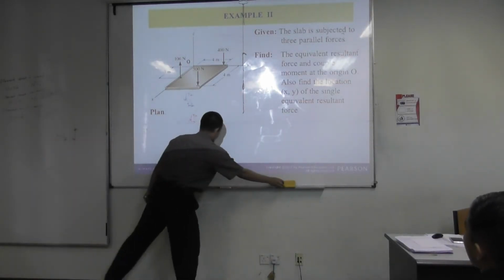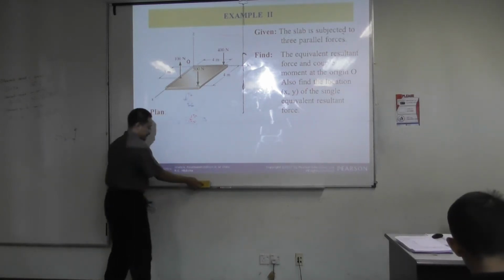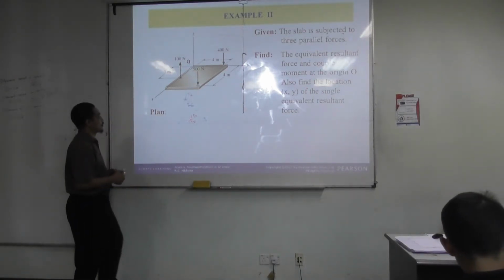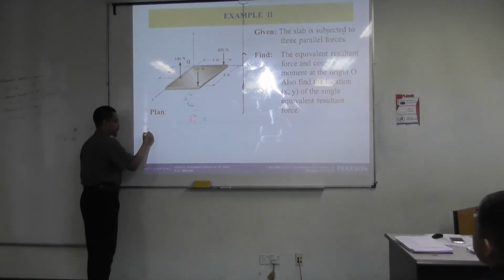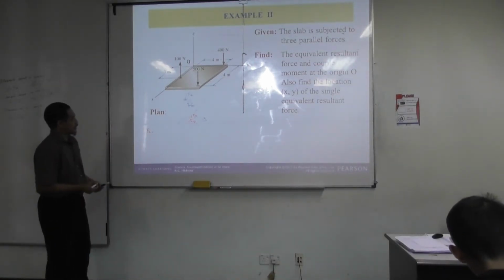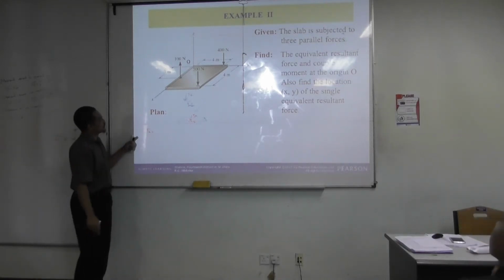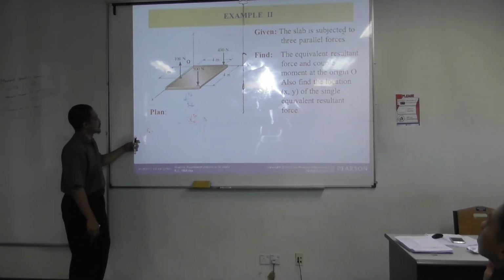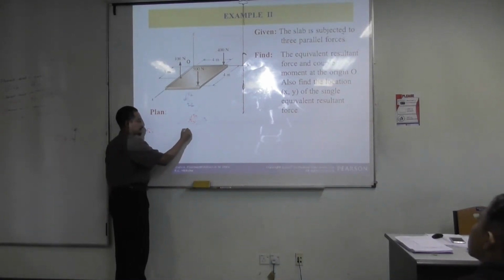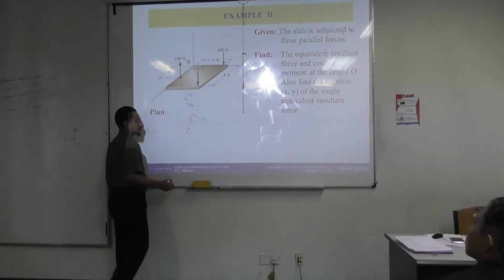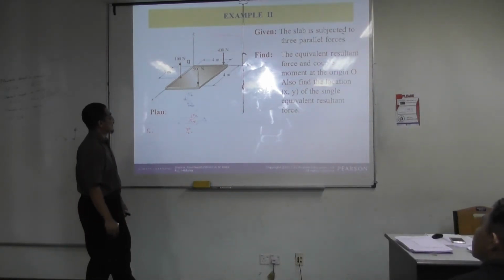So from the previous example, you already understand the concept. So how to get FR? Because in this question, it should be very, very straightforward. Can you use scalar here, or do you want to use vector? If you use vector, what do you have? FR, everything will be in K, right?